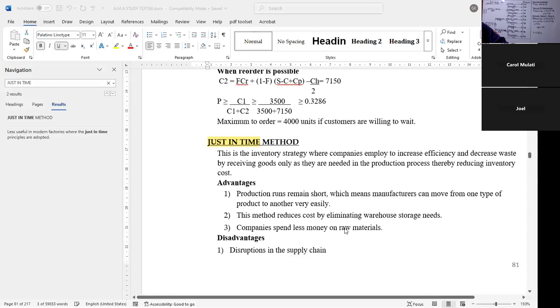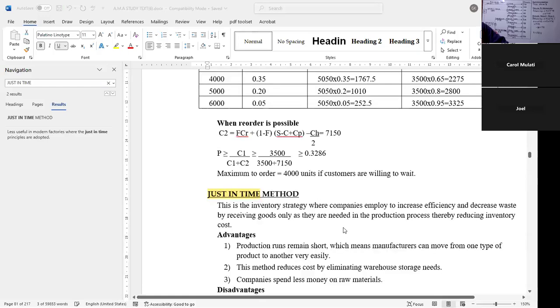And in our notes here, you can see just-in-time. This is the inventory strategy where companies employ increase efficiency and decrease waste by receiving goods only as they are needed in the production process, thereby reducing inventory costs.